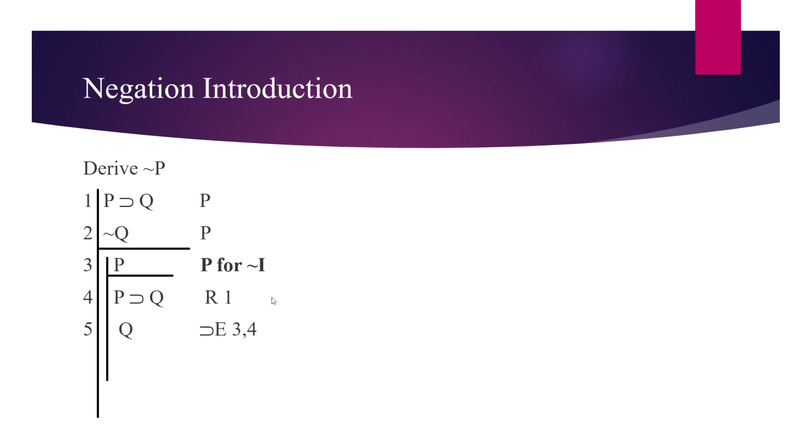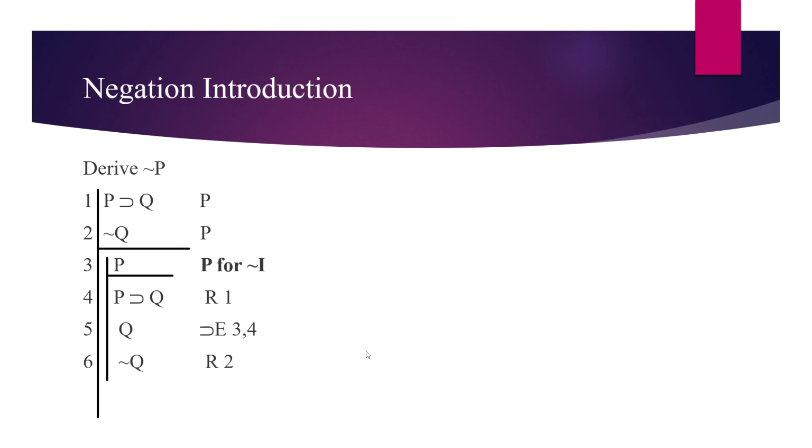Now we can see we have a contradiction in here somewhere, right? We have Q on line 5, but we have not Q as a premise on line 2. However, we need to get that contradiction contained inside the subderivation. So we need to reiterate it's not the case that Q from line 2 onto line 6.